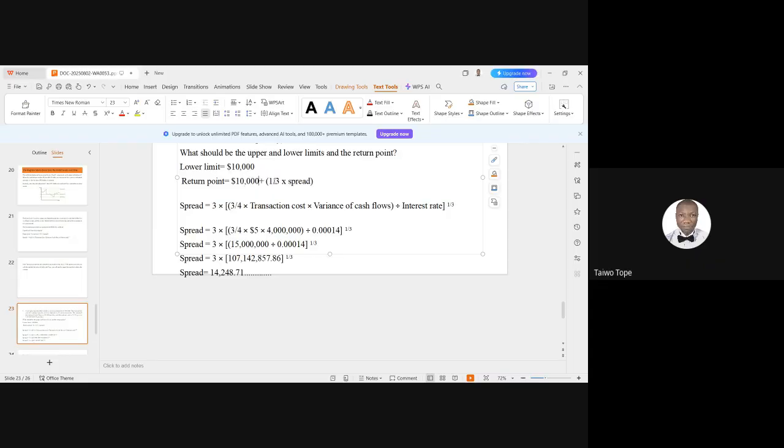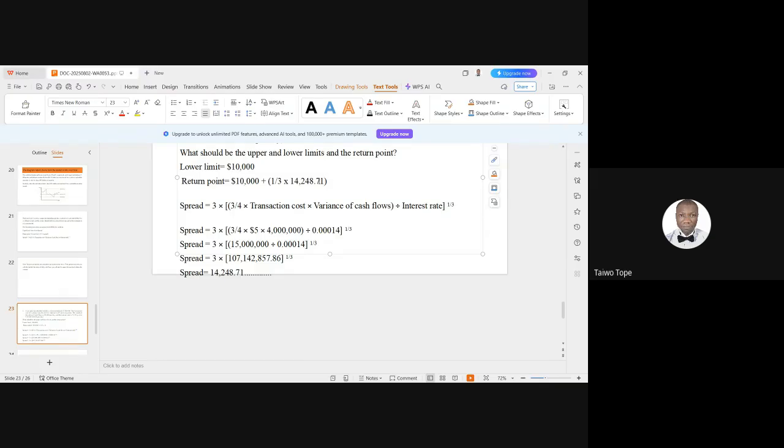To get your return point, it will be your lower limit, which is $10,000, plus 1/3 multiplied by the spread. The spread is 14,248.71.